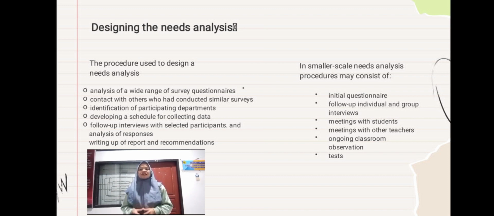The procedures used to design a needs analysis include a wide range of survey questionnaires, contact with others who have conducted similar surveys, identification of participating departments, developing a schedule for data collection, follow-up interviews with selected participants, analysis of responses, and writing up of the report and recommendations. On a smaller scale, needs analysis may consist of an initial questionnaire, follow-up individual and group interviews, meetings with students, meetings with other teachers, and ongoing classroom observation and tests.